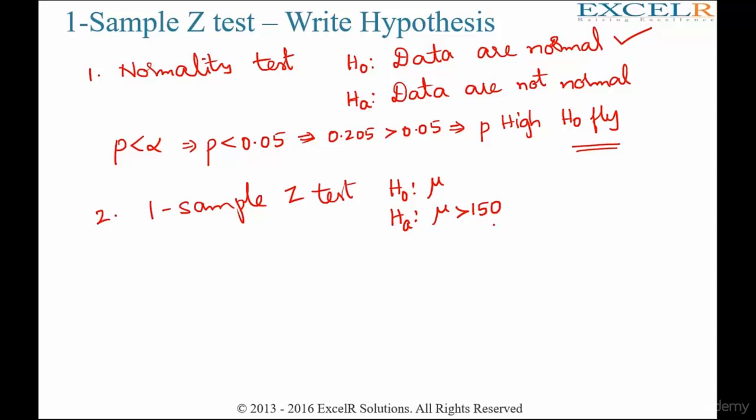Say you want to take some action, maybe replace your machines, get the surveys done, or do whatever is required. And you do not want to take any action if the average fabric length is less than or equal to 150.